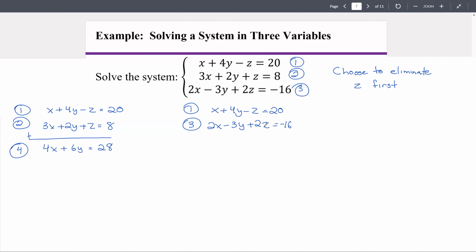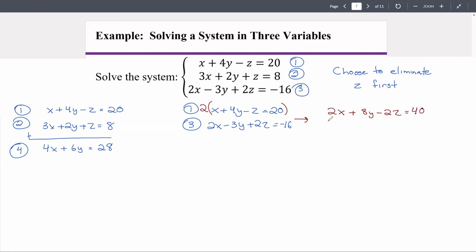So if we want to eliminate z, I've got a negative z here and I've got 2z. So I'm just going to multiply everything up here by 2. My new set of equations: 2x plus 4y minus, oops, I should do all the math involved there, 2x plus 8y minus 2z equals 40.